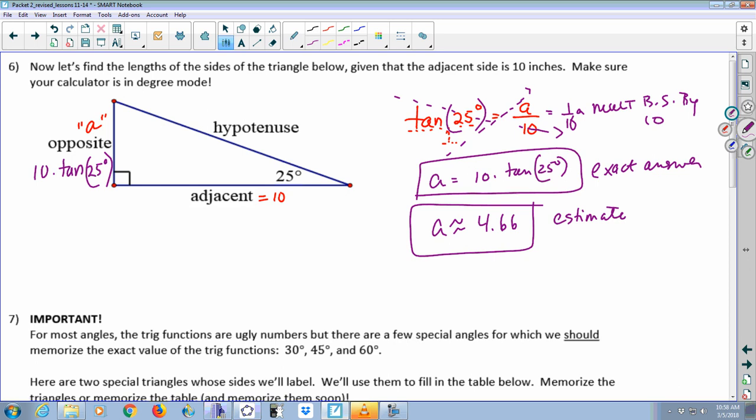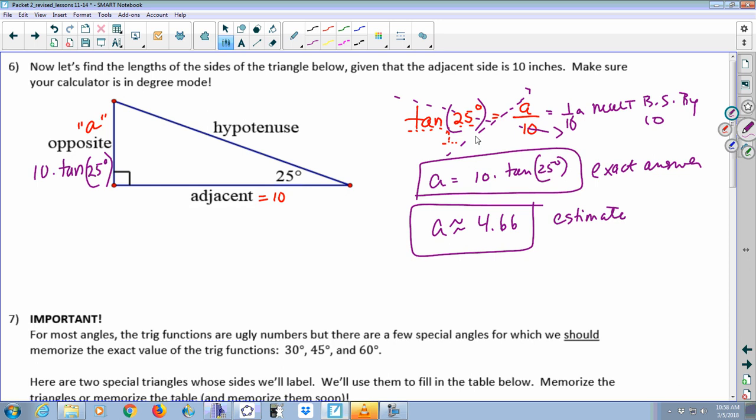Now I haven't found the length of the hypotenuse. So how do I do that? Well, the hypotenuse is used in a couple of those trig ratios, right? But I have the adjacent. The adjacent over the hypotenuse is called the cosine.